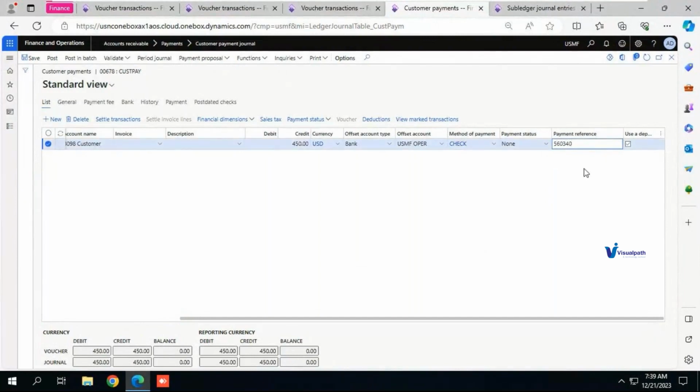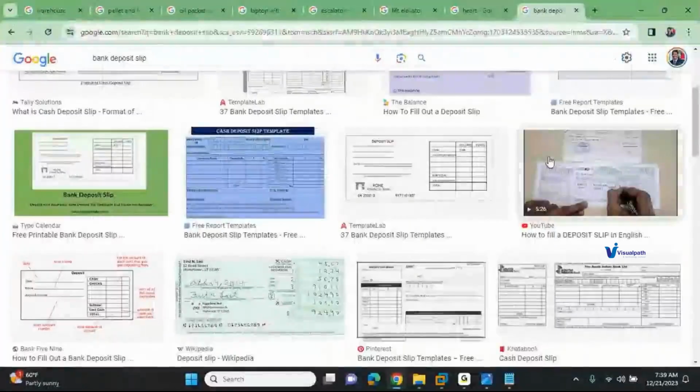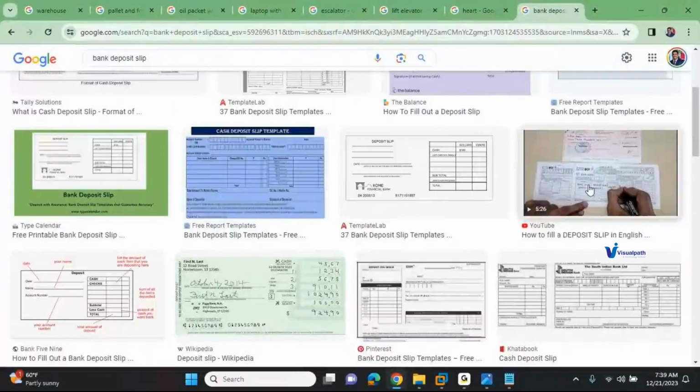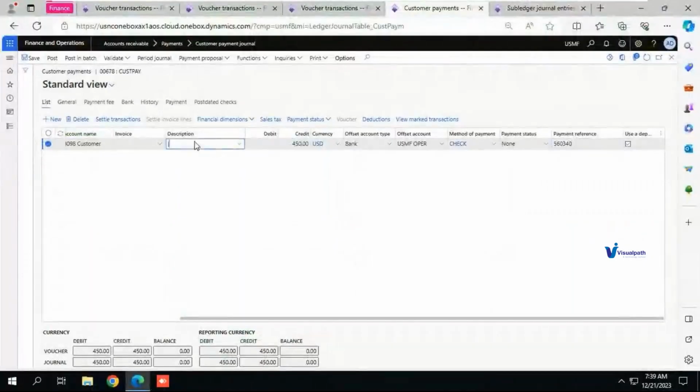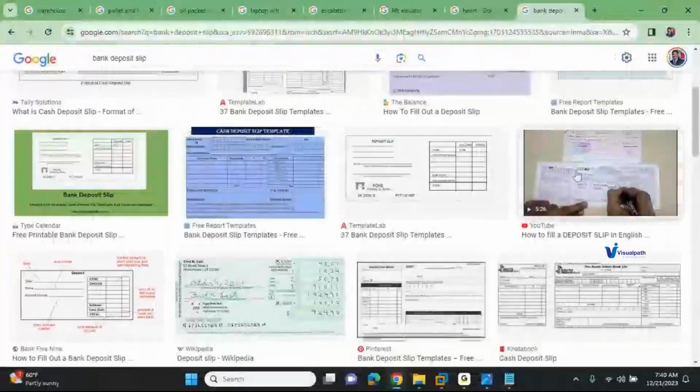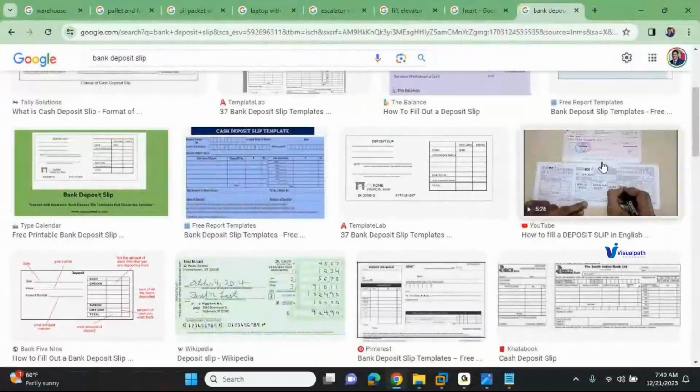Payment reference number. And you will enter the bank details here, for example ICICI Bank, Chandanagar branch. The deposit slip is a must, because you are filling it in and submitting it to your bank.